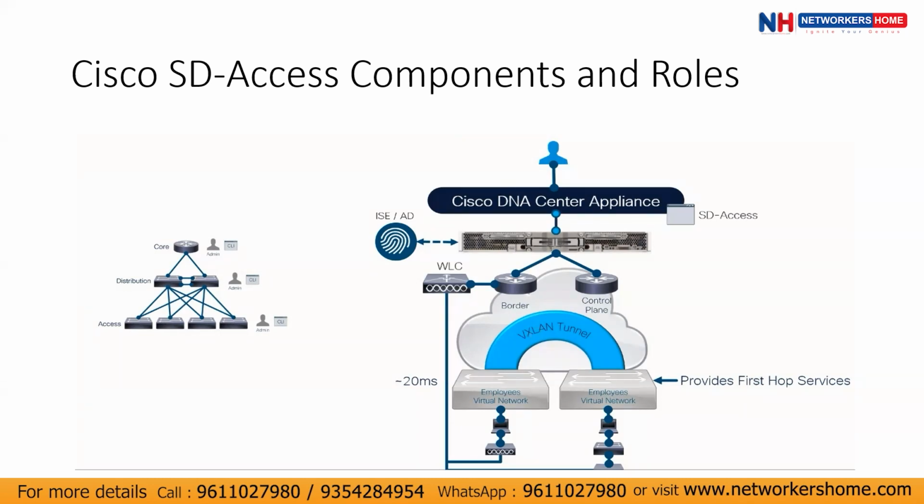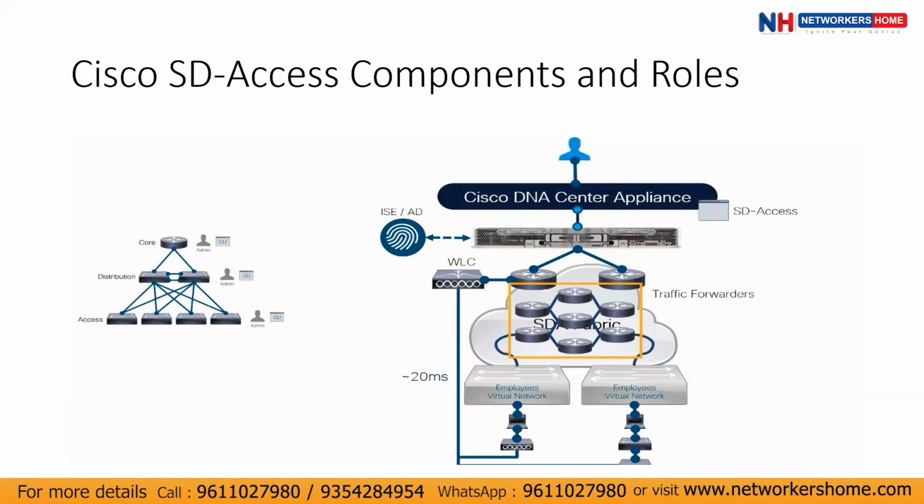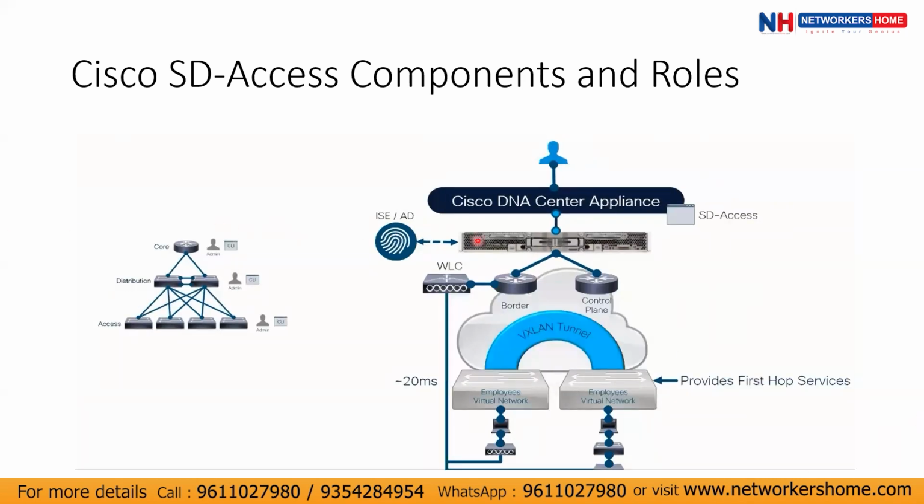Okay, right. And one more thing. When you said we place the WLC near the fabric edge, do you mean the controller or the wireless transmitters will be placed near the fabric edge? A WLC should always be placed near the border or your control plane node or your data center. Sorry, let me clarify.